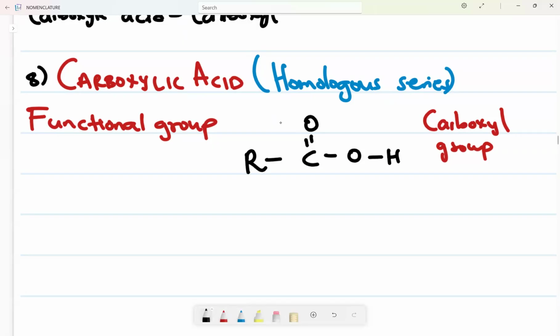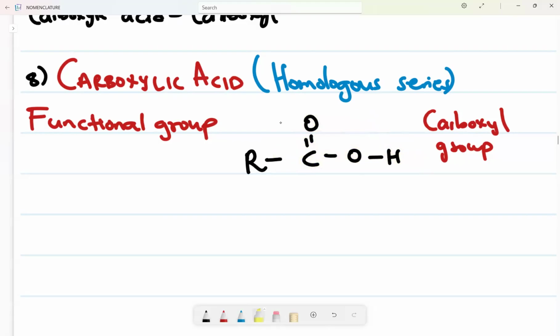Why? Because remember, the minute we put R, we are showing that this one should always be on the terminal carbon to be a COOH. Why should it be a terminal carbon? Remember last time when we had something at the terminal carbon, we had a reason, because the following one that we were going to do was similar to that one, but different. So this COOH should be on the terminal carbon.